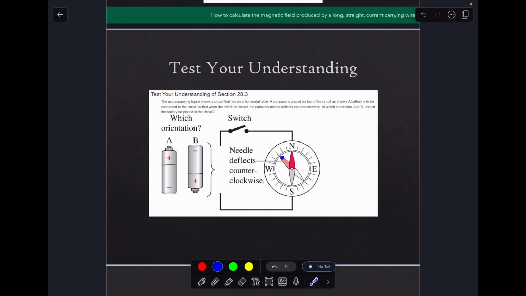Which battery would produce that? Let's break it down. What is this question really asking you? It's asking what current direction, current flowing this way or current flowing this way, will give you a magnetic field that adds to this, to create this vector.